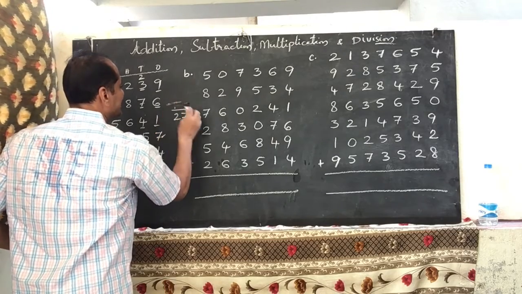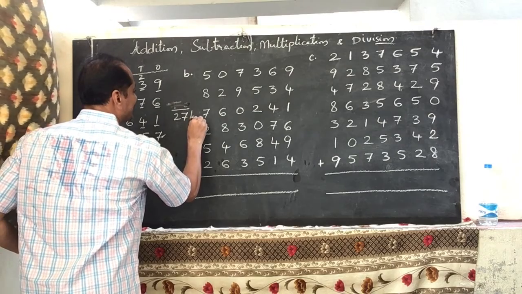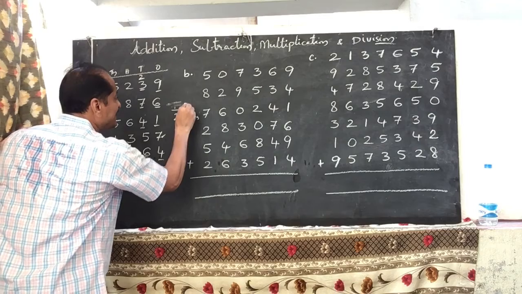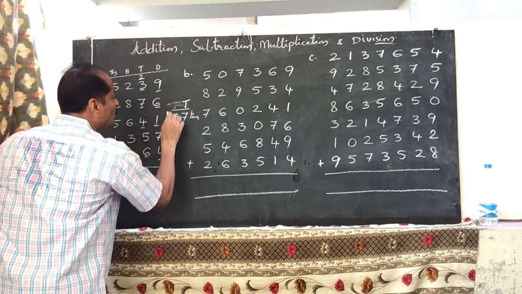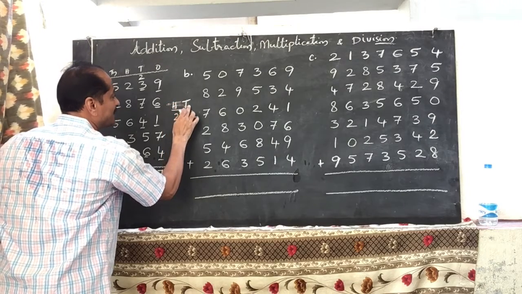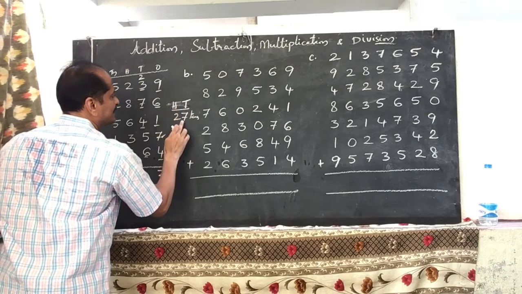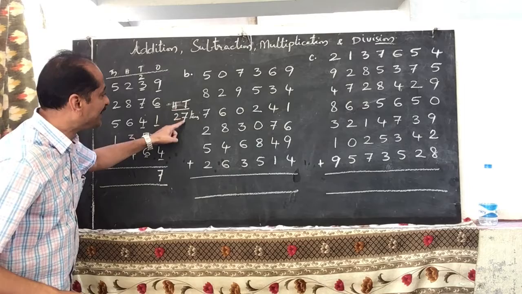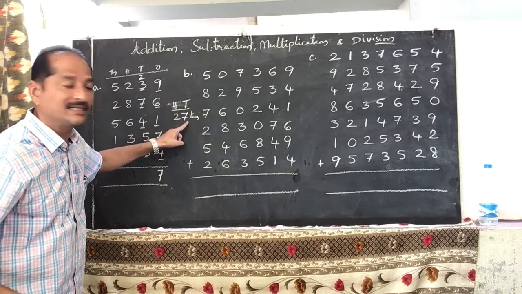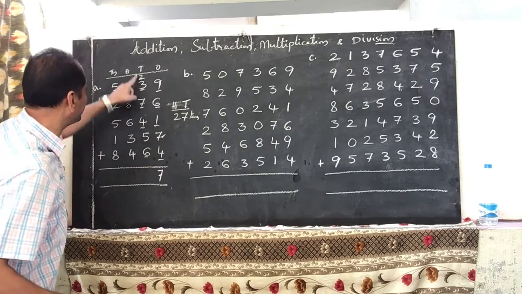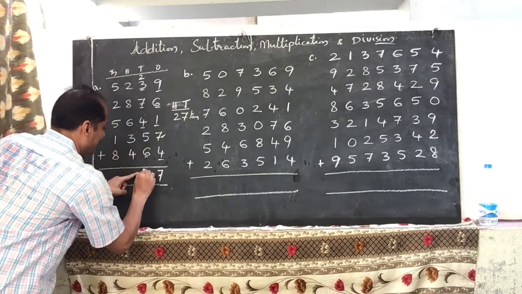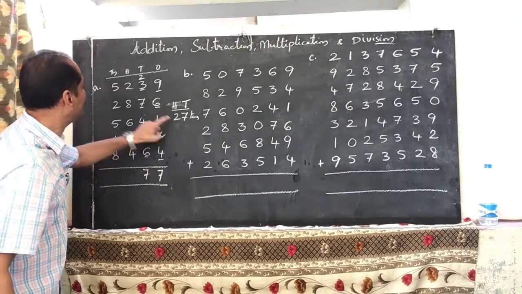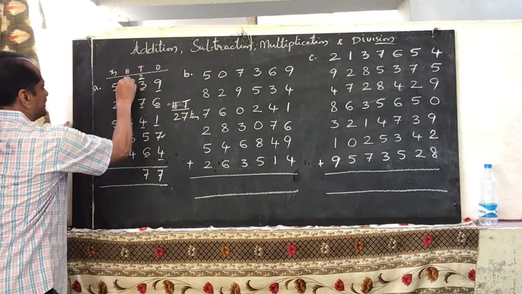Here what? 27 tens. 27 tens means 7 tens and 2 hundreds. The next place greater than tens is hundreds. So write 7 under the tens place, and write 2 under the hundreds place.